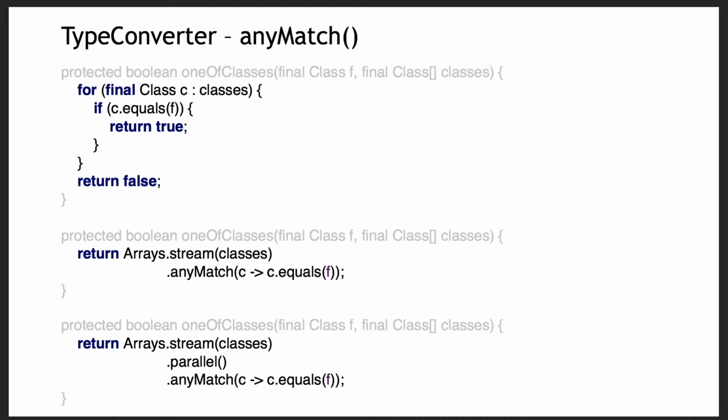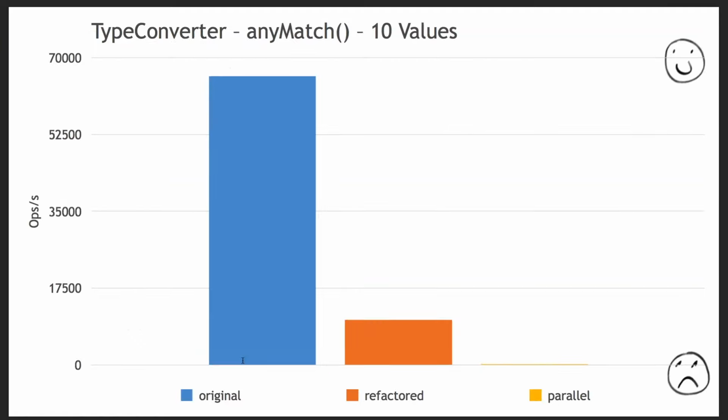So here I'm going to performance test the difference between the original code and the new code, which is more readable. But of course the interesting point about a lot of these Java 8 stream operations is the ability to parallelize them. So I'm going to performance test this against the parallel version as well. Now the original code performs pretty well, and the refactored code, this is for 10 values in the list.